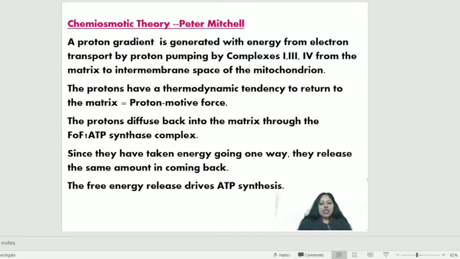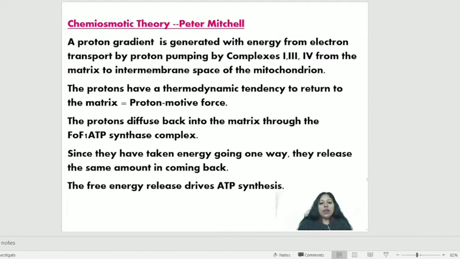Another thing Peter Mitchell hypothesized is that oxidation and phosphorylation, both these processes, go on in the electron transport chain. Yes, they had an idea of the electron transport chain. Peter Mitchell had successfully completed his PhD on penicillin, working at Cambridge University in the biochemistry department.